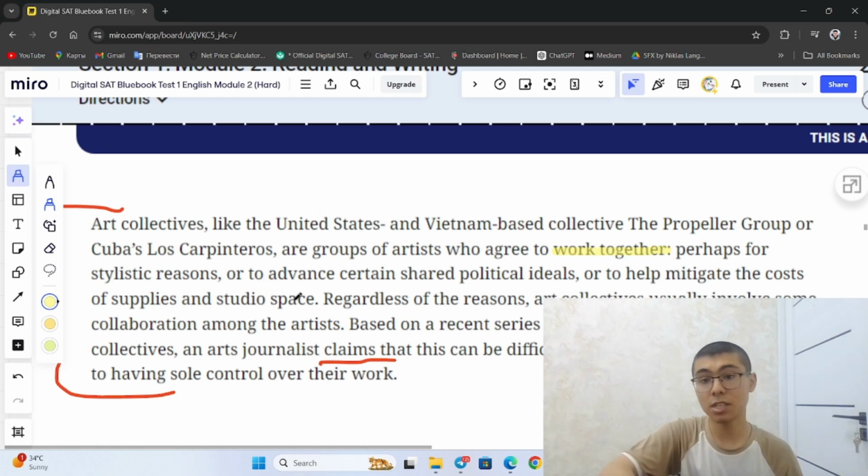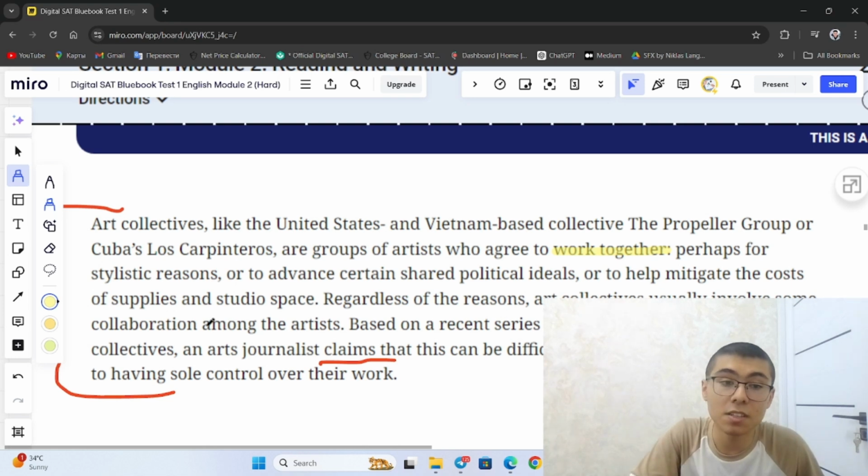Regardless of the reasons, art collectives usually involve some collaboration among the artists. Based on a recent series of interviews with various art collectives, an arts journalist claims that this can be difficult for artists who are often used to having sole control over their work.